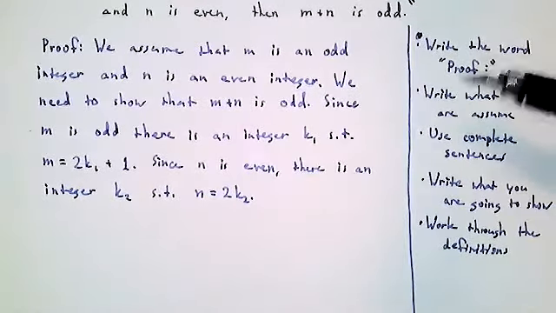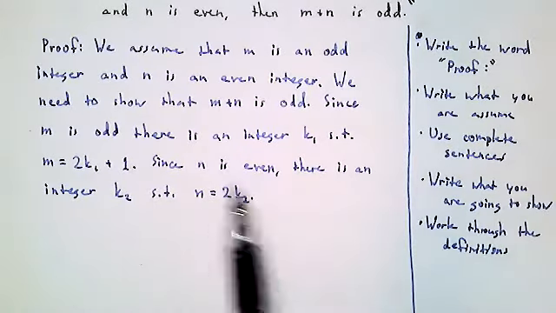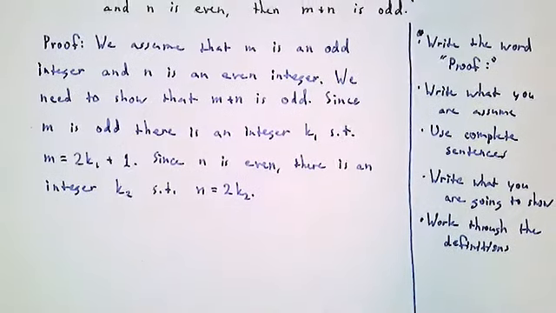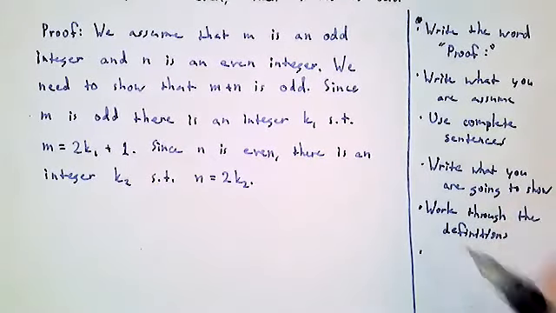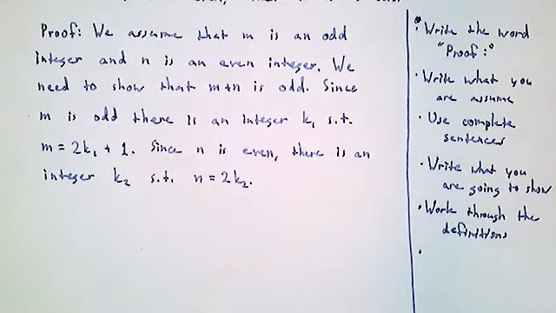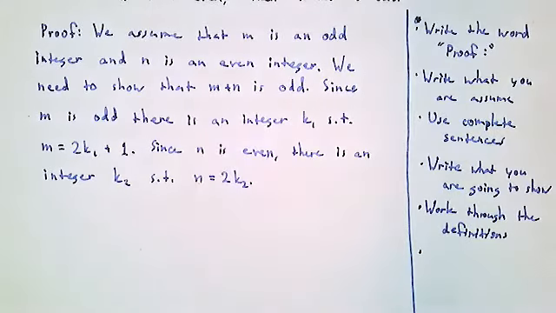Okay, so we're kind of working through our checklist here. We've used our definitions for m and n. Now comes the harder part. We have to use logic and arguments to connect these ideas to the conclusion.